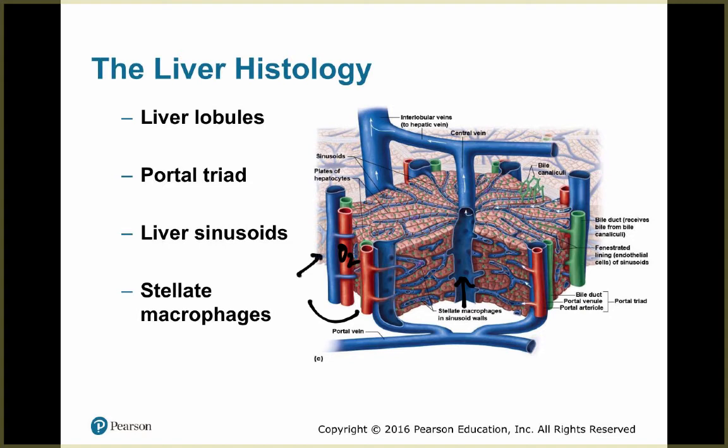The portal veins bring nutrient-rich blood from the intestines. The bile ducts receive bile. And then all of that is going to move through these sinusoids to empty into the central vein.